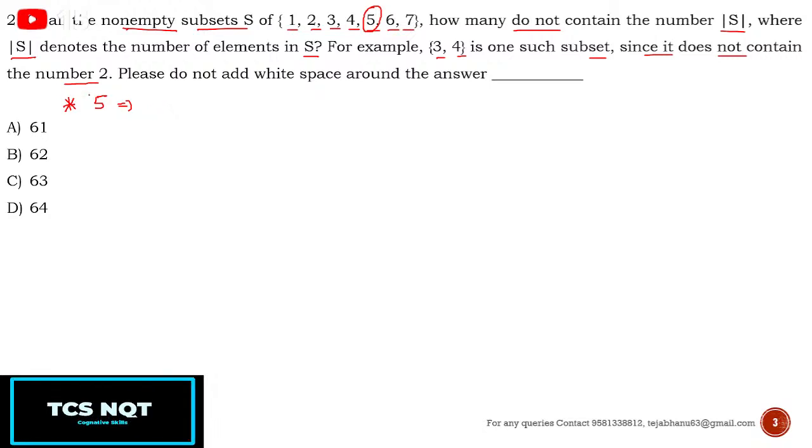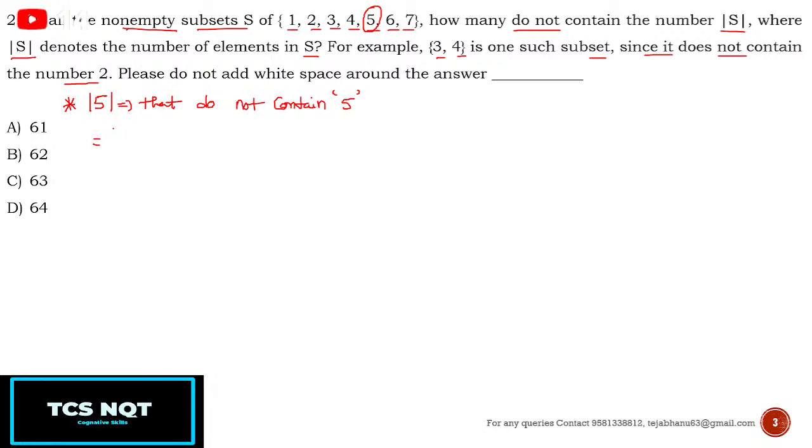I am going to consider a subset of size 5 that does not contain 5. That is the meaning of it.